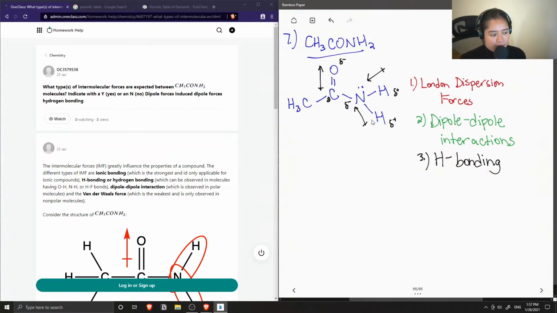So in this case, it is the nitrogen, and this is a specific type of dipole-dipole interaction where these partially positive hydrogens will be attracted to a partially negative force that is found on a separate molecule. So for example, let's say I drew out this molecule again, where we have this partially negative oxygen.